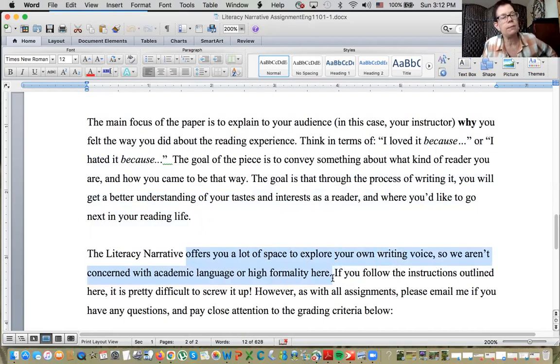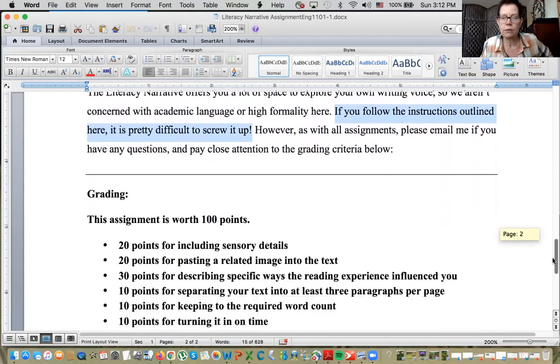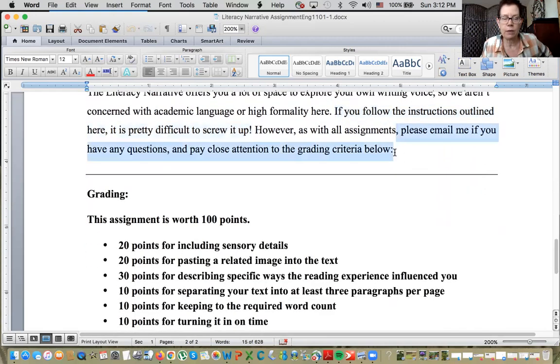We have plenty of time to practice that in future assignments. So there's a little note here meant to resolve some of your fears or anxieties about it. If you follow the instructions, it's pretty difficult to screw this up, right? With all assignments, you're always free to email me with any questions that you have, of course.